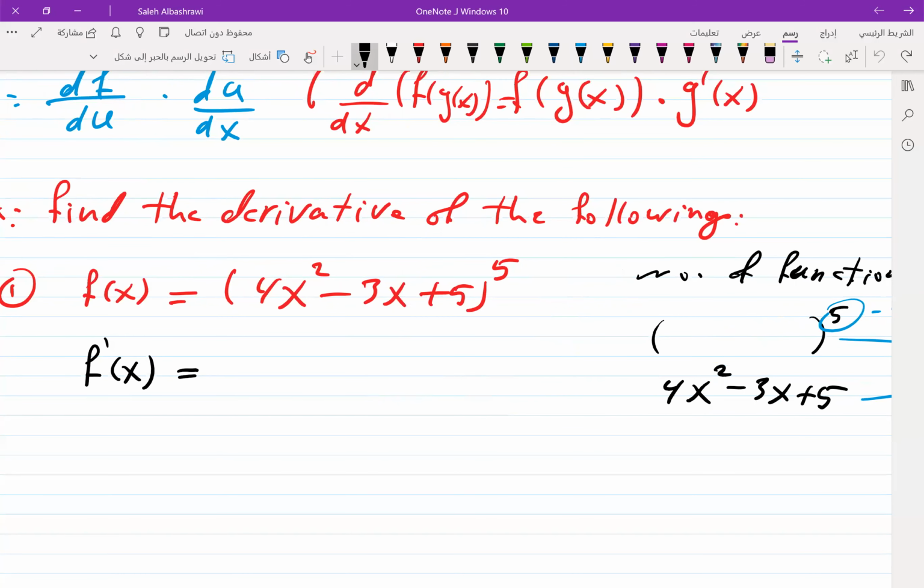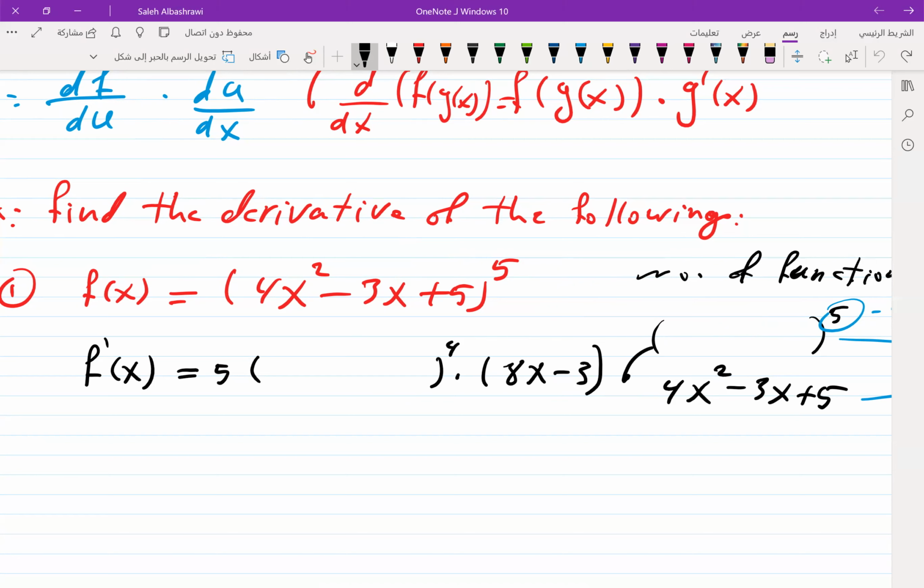It is 5 multiplied by something to power 4, multiplied by the derivative of the second function, which is 8x minus 3. So I have 5 multiplied by the bracket to power 4, multiplied by 8x minus 3.